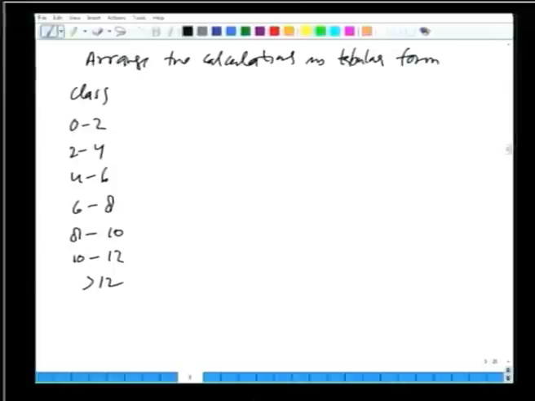Then the next column I am going to have is mi. What is mi? mi is the actual observations based on the data, which you can count. So this I am going to put here directly for you. You have 4 in the first one, 2 in the second one, then 1, 0, 1, you can verify these numbers, and then 0, and the last one is 2.